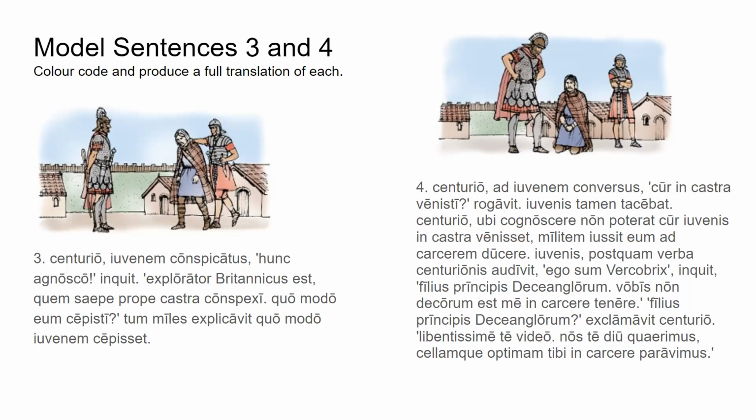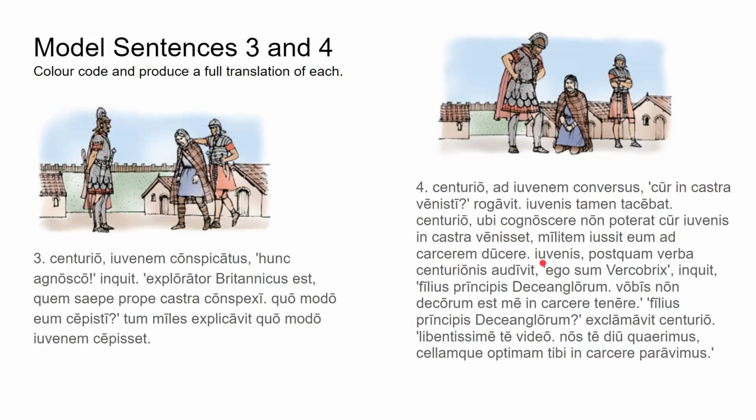And inside of that temporal clause, we have a verb that is taking a complementary infinitive, and that complementary infinitive is introducing an indirect question. And then also in our main clause, we have an indirect statement that is triggered by a verb of saying, and then that indirect statement itself is governed by an infinitive. So altogether, this is: the centurion, when he was not able to learn why the youth had come into the camp, ordered the soldier to lead him to prison.